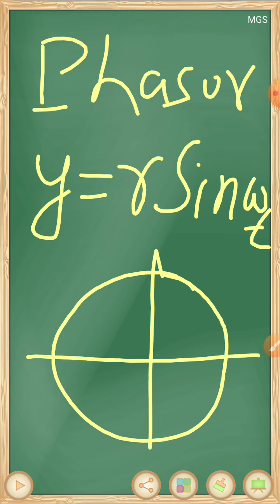Now, why is this a phasor? First, the quantity must vary sinusoidally with time, which is fulfilled.